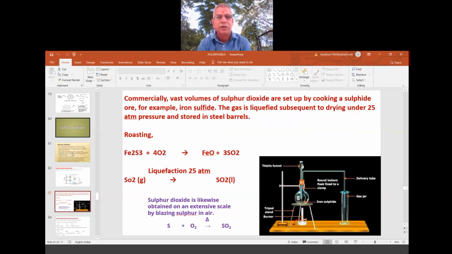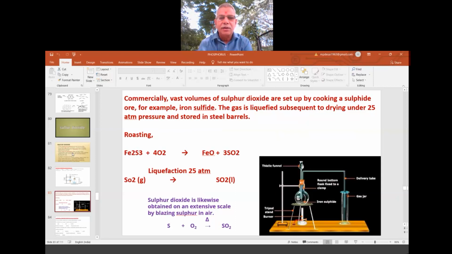Sulfides are converted into sulfur dioxide, and iron sulfide becomes ferrous or ferric oxide. That oxide is not important here. SO2 comes out, and that is collected.